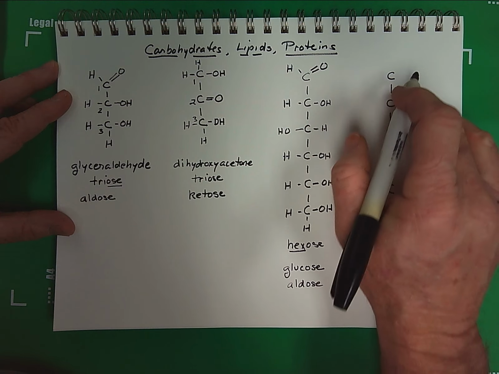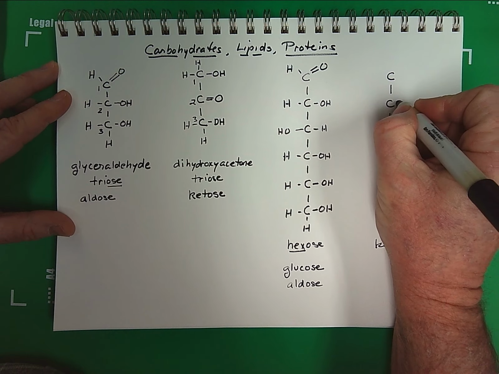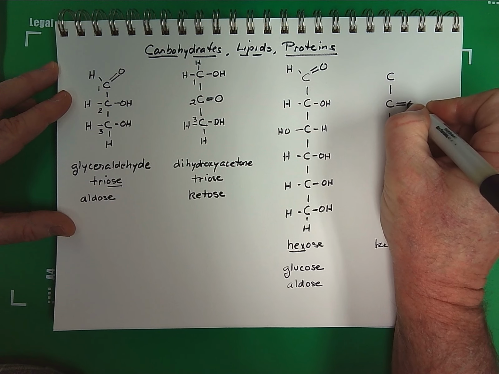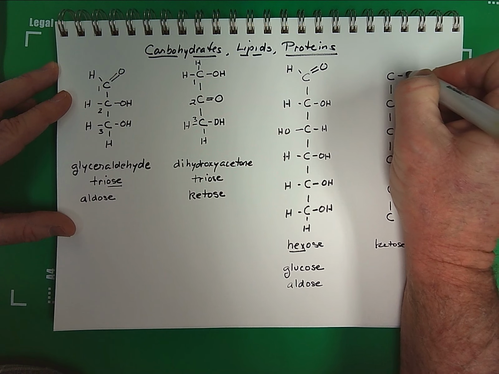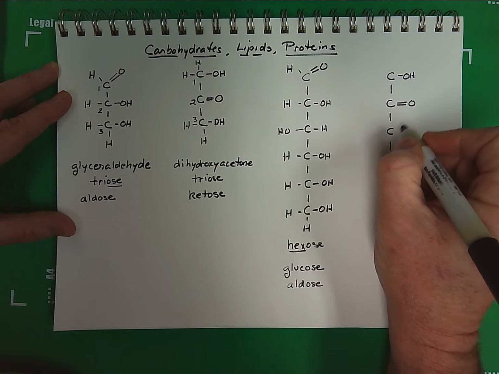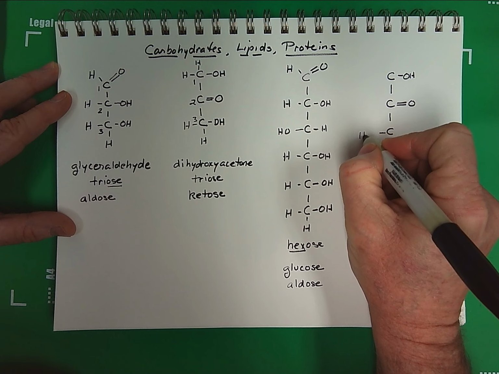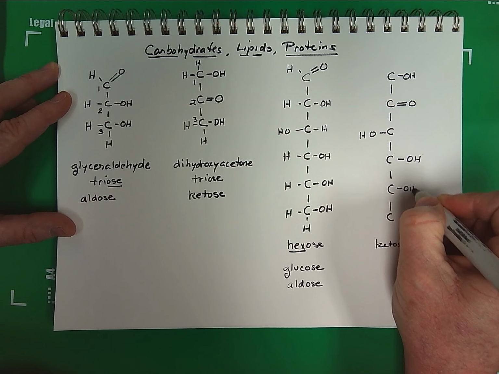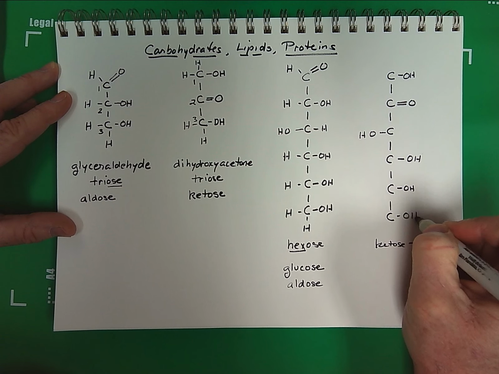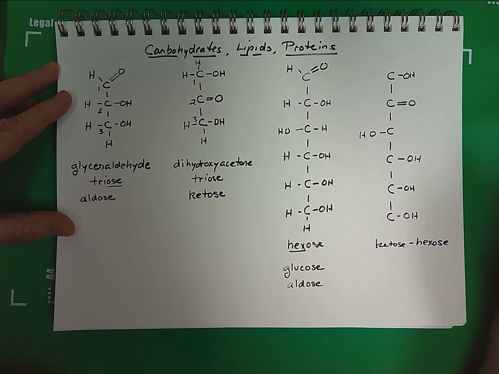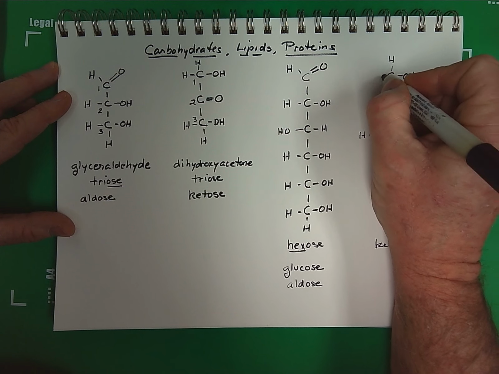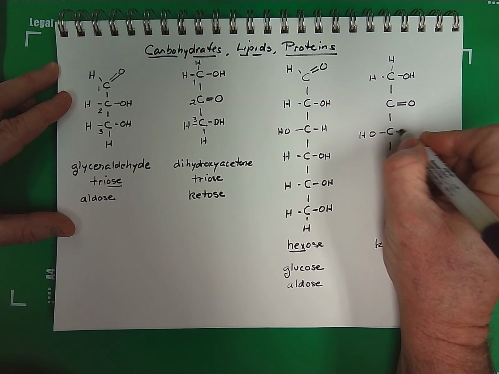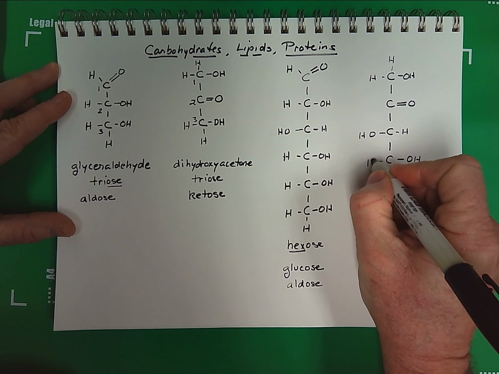So we will do a similar rearrangement to put the ketone group on the number 2 carbon. And then we fill in our OH groups for the rest of the molecule. And of course complete the bonds with our hydrogens.